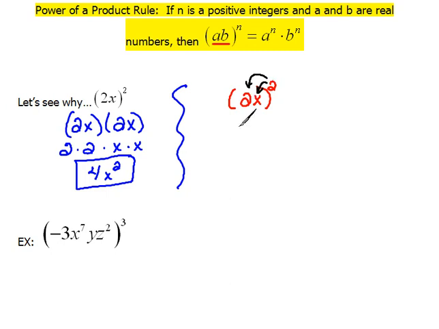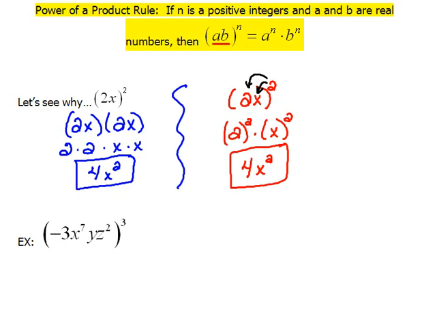So our 2 would be squared, and then also our x would be squared. And now we can simplify each one of those. 2 squared we know is 4, and x raised to the second power can be written as x squared. This is why that rule is the way it is.